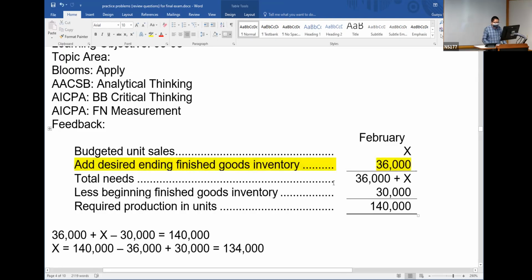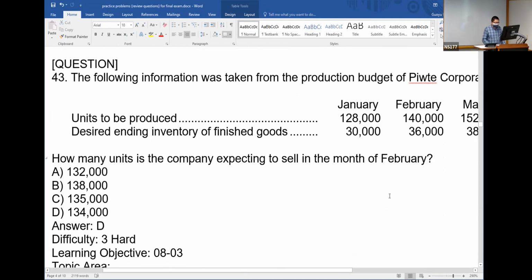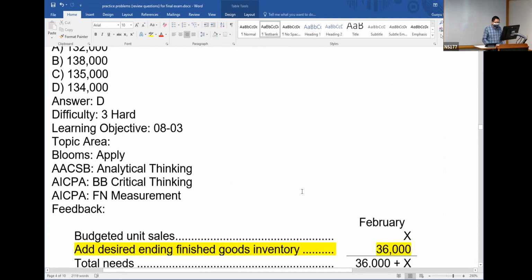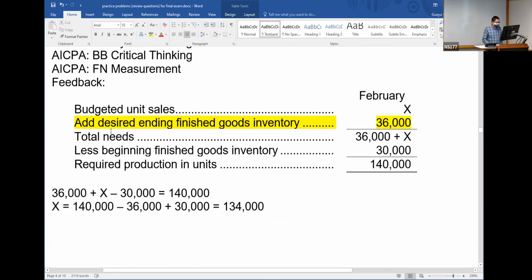Now we also know the desired ending finished goods inventory for February is 36,000. How do we get the 36,000? We get it from the question, which told us that the ending inventory will be 36,000 for February. If we sum up X and 36,000, this should be the total needs for February.